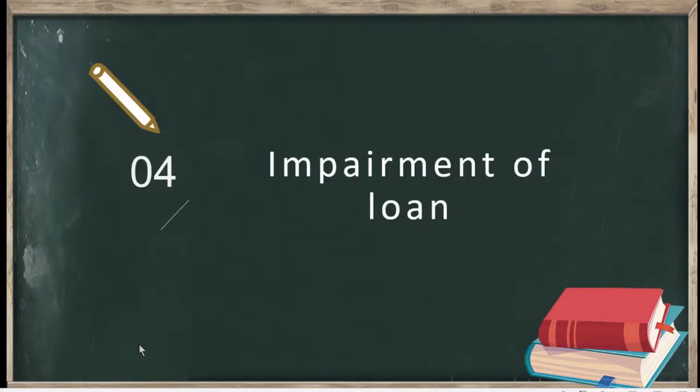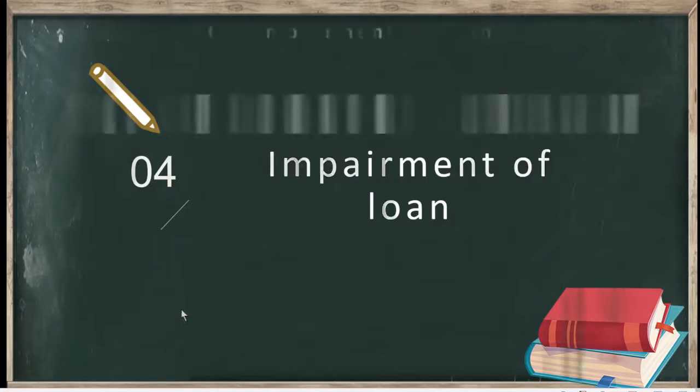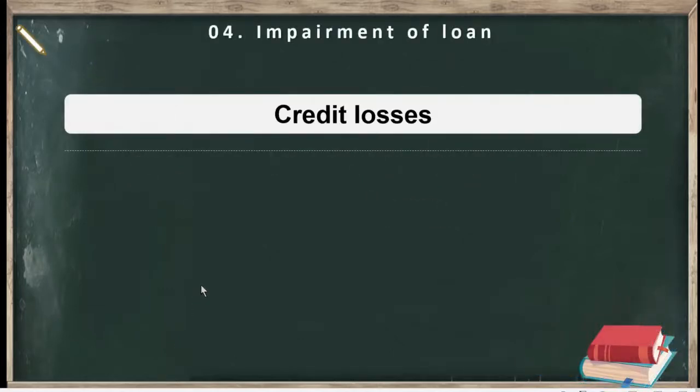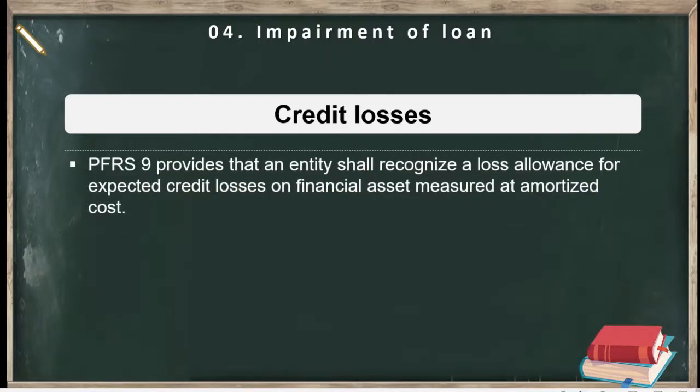Okay, so the next would be on the impairment of the loan. Accordingly, there would be credit losses as a result of the loan receivable. PFRS 9 provides that an entity shall recognize a loss allowance for expected credit losses on financial assets measured at amortized cost.